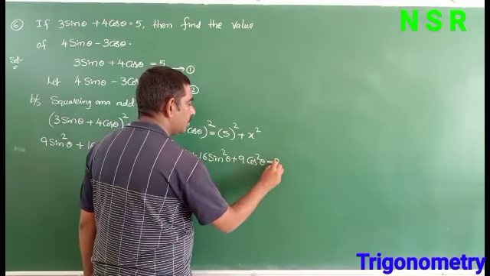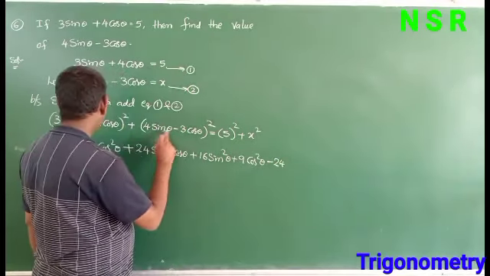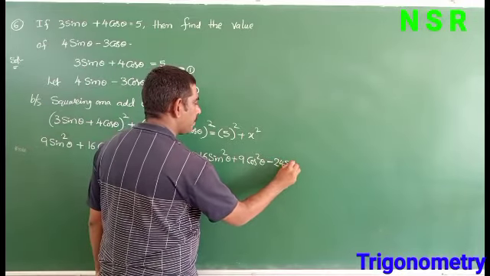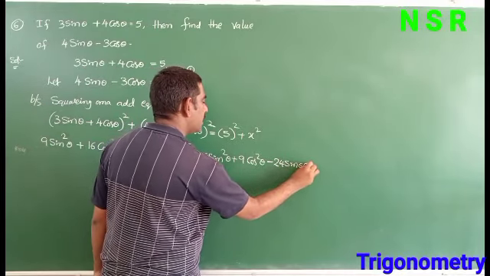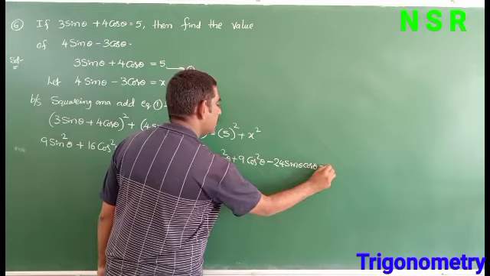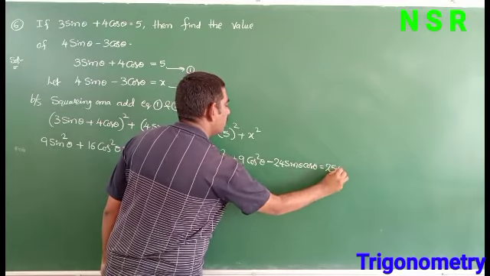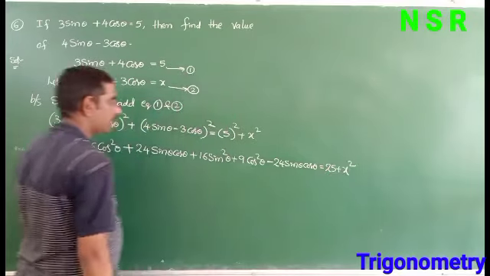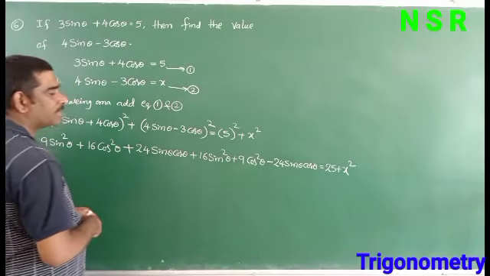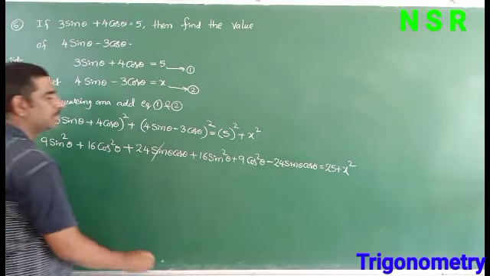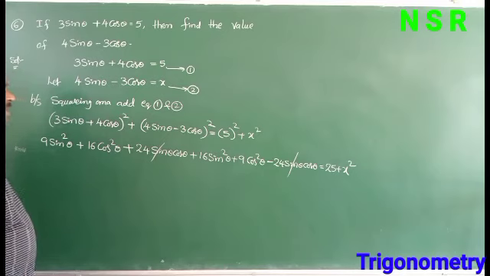So minus 24 sin theta into cos theta, equal to 5 square value 25 plus x square. So 24 sin theta cos theta, this is plus term and this is minus term, get cancelled.